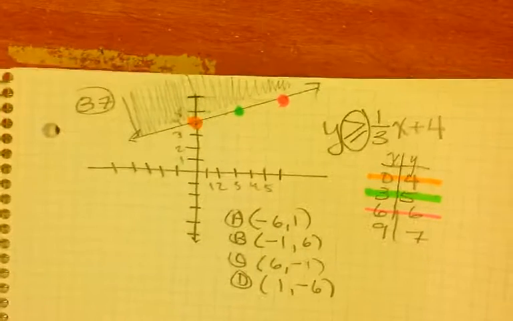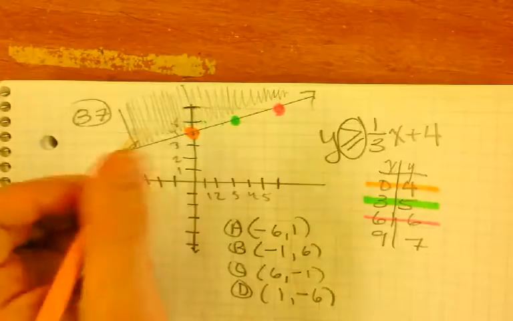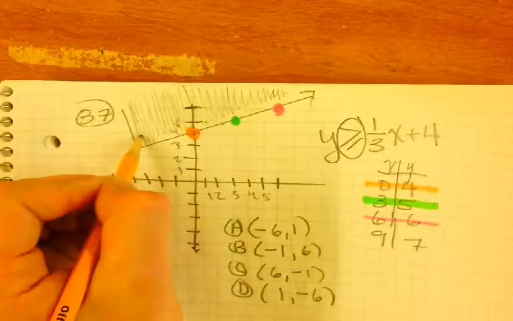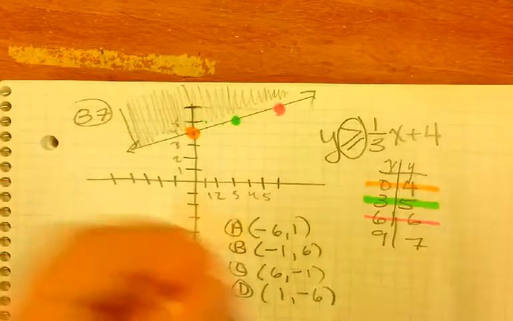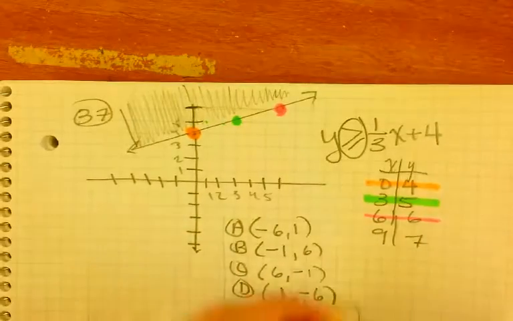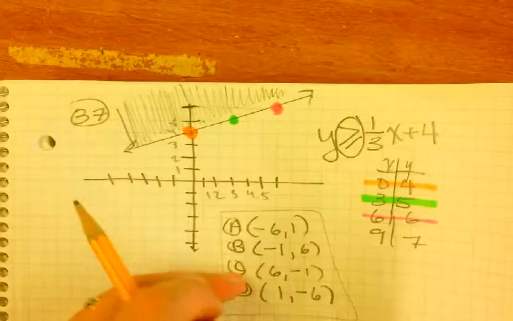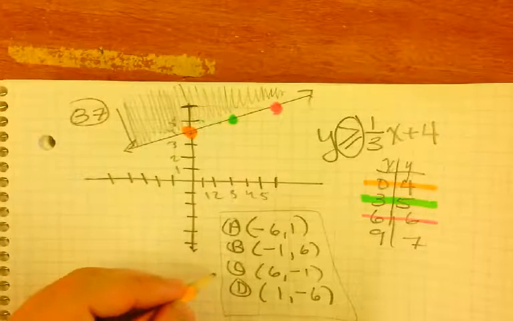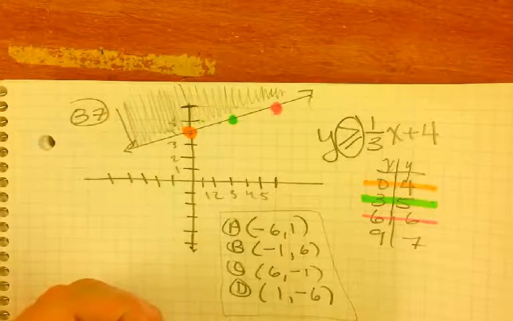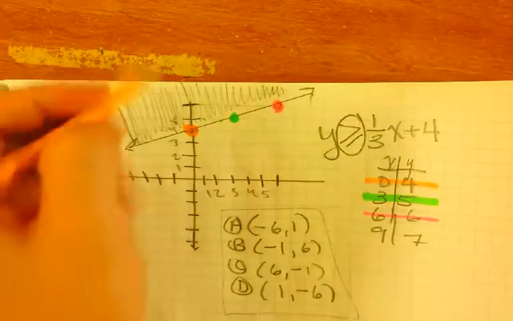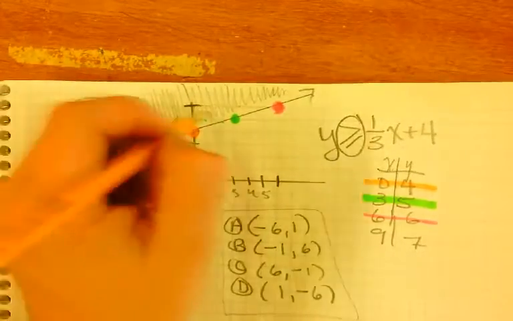All right. So what we were just talking about is that now we have our graph and it's colored the right way. They're going to give us 4 options. ¿Qué opción? ¿Cuál opción es una solución? Soluciones están aquí.